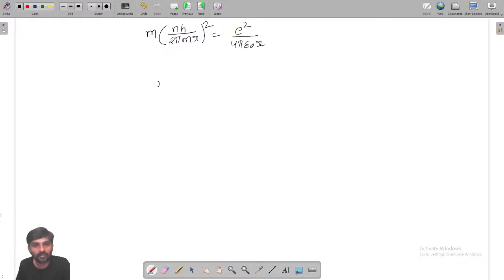You will get m into n square h square by 4 pi square m square r square is equal to e square by 4 pi epsilon naught into r. So this r and this r get cancelled, and m and m get cancelled.